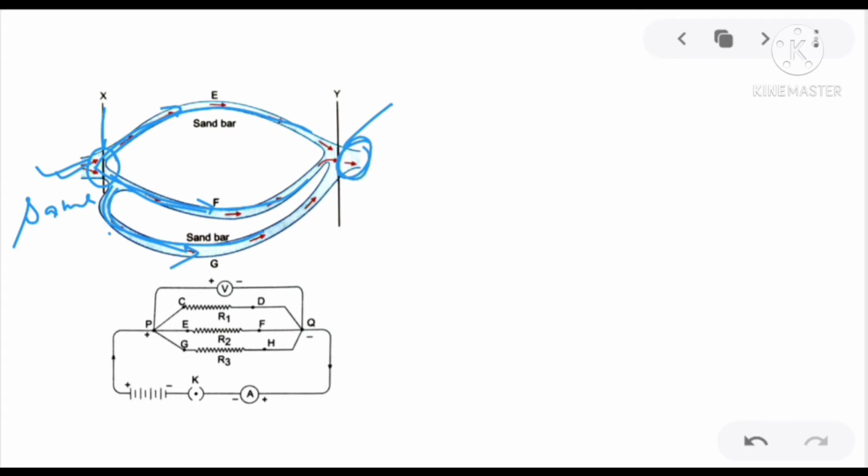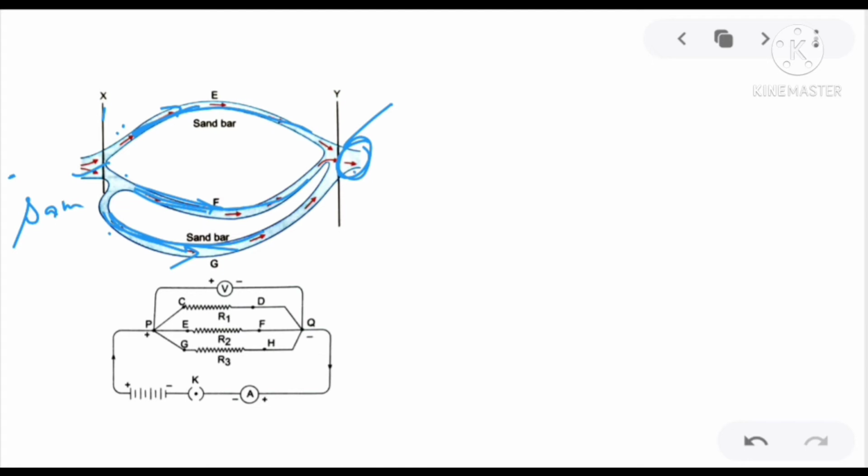That means whatever water is coming through this inlet divides into 3 paths. But at the beginning of the 3 paths, the pressure of water is the same, here and the same here.